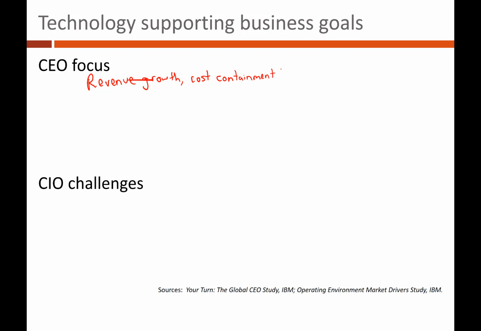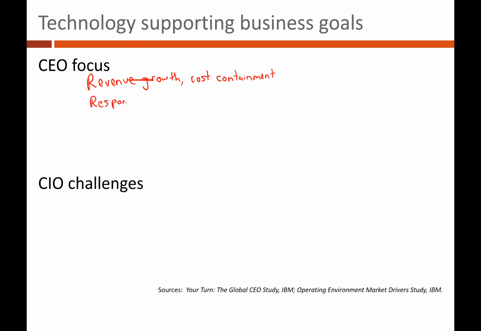I think the goal is by 2025 to have 18,000 students. He wants to grow ETSU to be a larger university. So he's not as focused on revenue like a CEO might be at a commercial organization, but he's also focused on growing the organization and cost containment, making sure we're not wasting money, making sure we're getting the most out of the money that we spend.